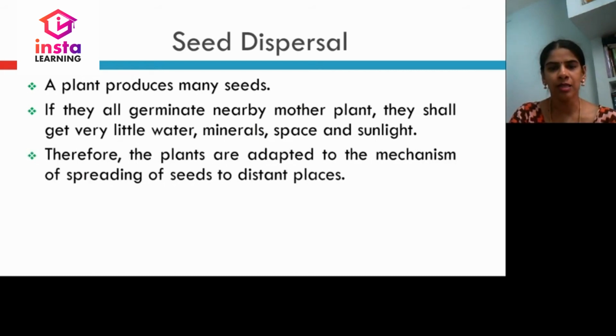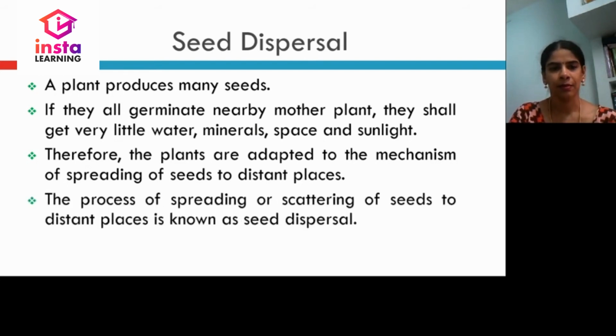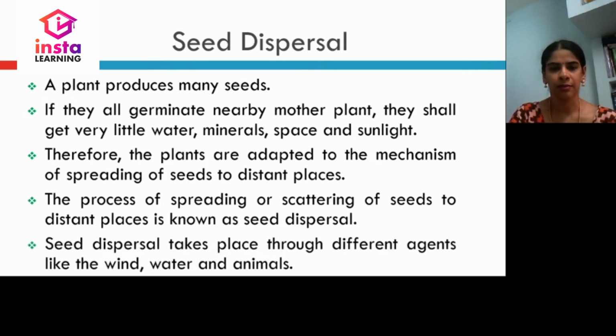Therefore, plants are adapted with mechanisms for spreading seeds to distant places. The process of scattering or spreading of seeds to distant places is known as seed dispersal. Seed dispersal takes place through different agents such as wind, water and animals.